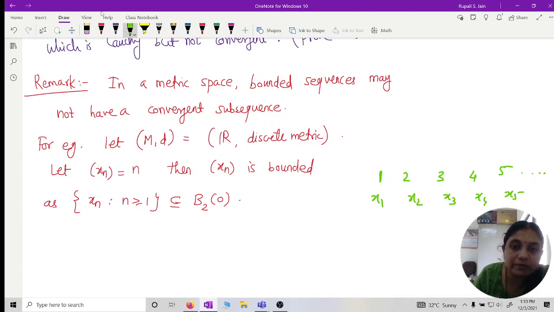What is the distance between 1 and 0? It is 1, since d is a discrete metric. What is the distance between 2 and 0?